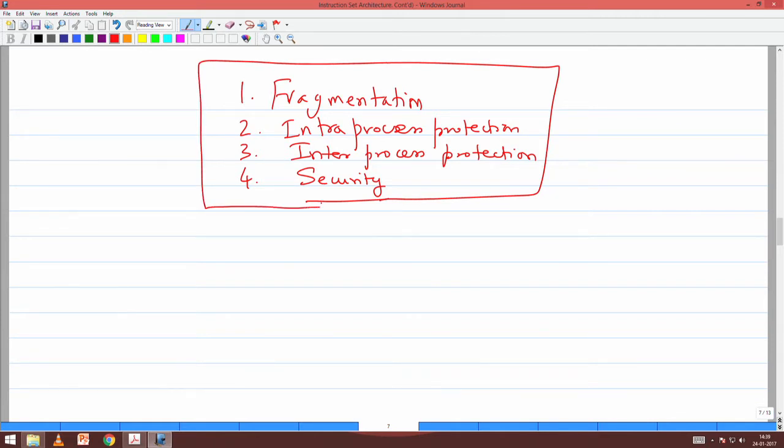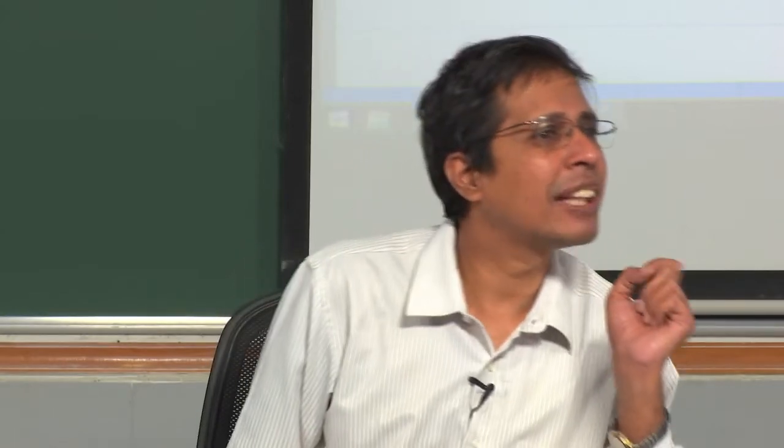So 4 important aspects we need to study as a part of segmentation. These are the 4 things in addition to the position independent compilation. So the compiler had an issue and that is already solved. Now these 4 are basically operating system issues, and how segmentation will address this is what we are going to talk about.